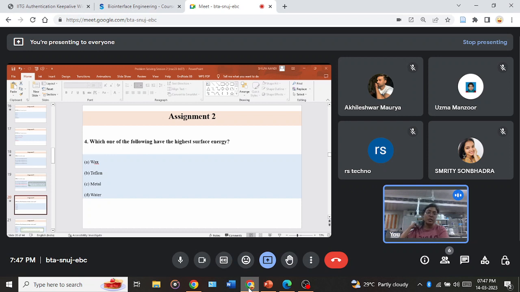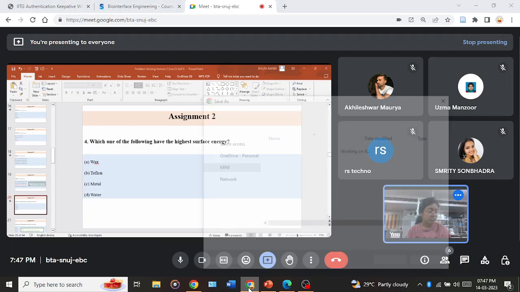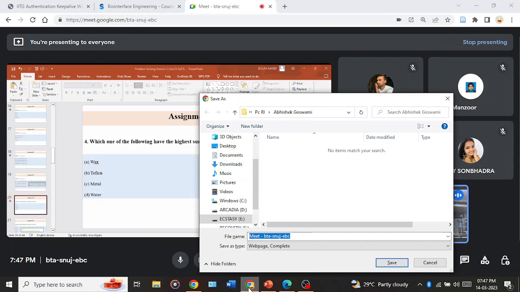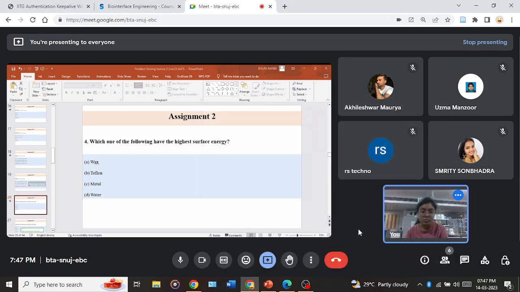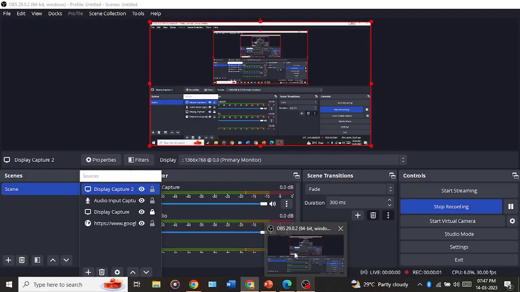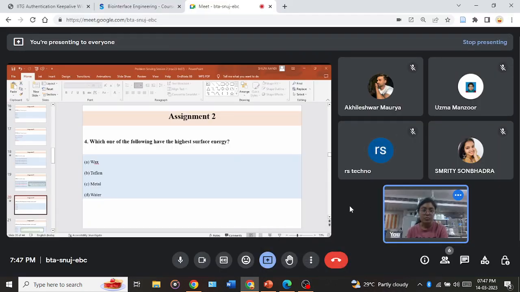So would anyone like to answer the question? Try to answer. Which one of the following has the highest surface energy?